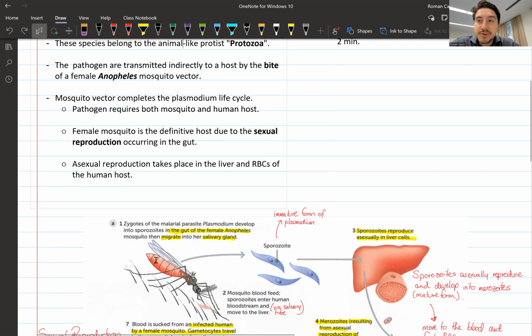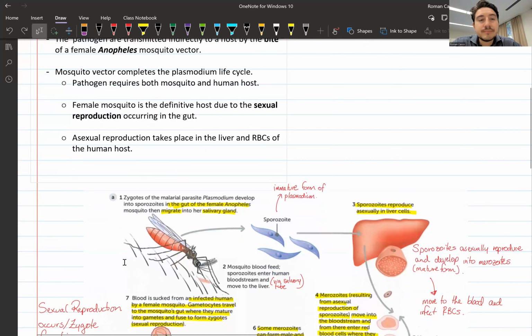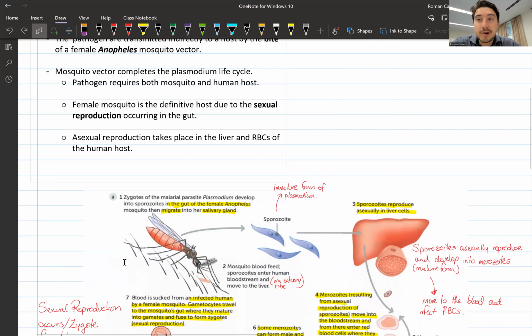You can have different forms of gametes, different types, that can enable sexual reproduction. All right. Asexual reproduction would occur in the human body between different types of tissues, from the liver at one stage and then going to the red blood cells at a later stage, ultimately then getting sucked into the mosquito again, right?